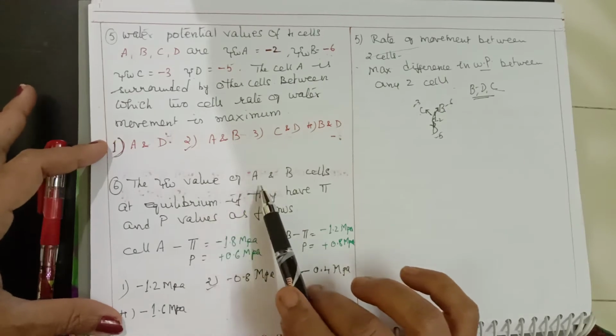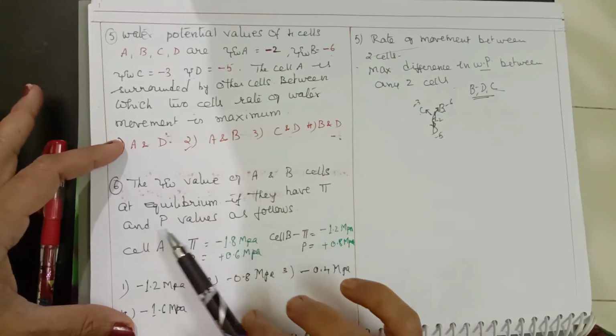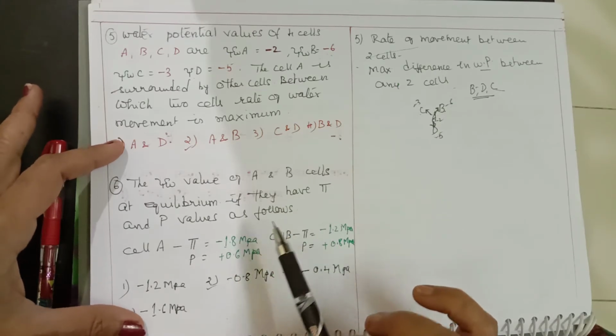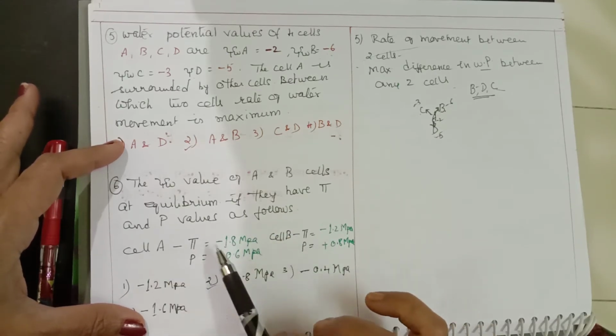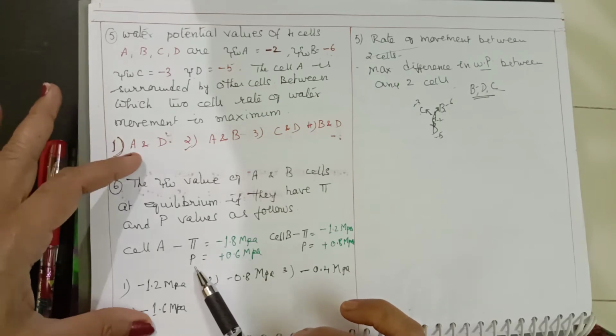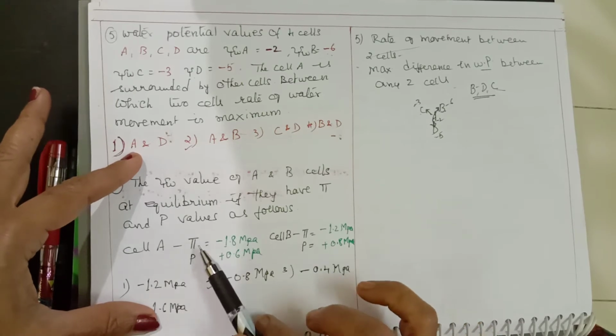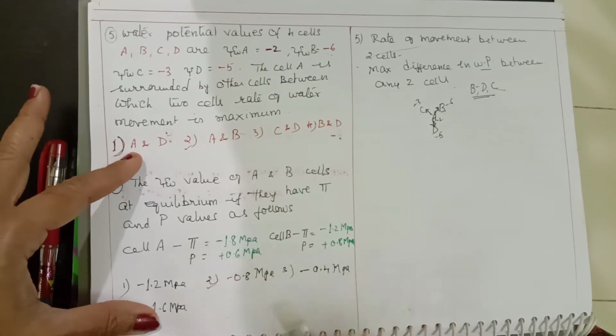Water potential value of A and B cells at equilibrium, if they have pi and p values as follows. For two cells A and B, pi is osmotic potential, p is pressure potential. The values are given for both. So we first have to find out their water potential.